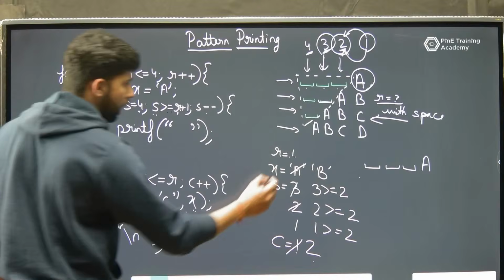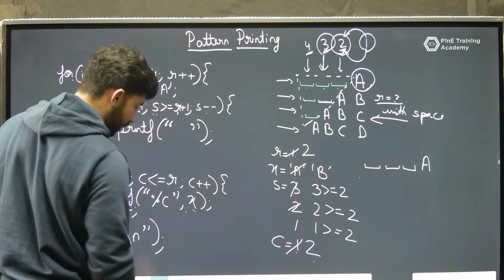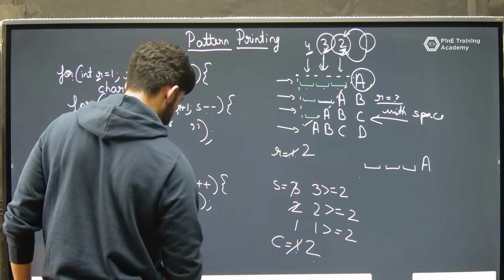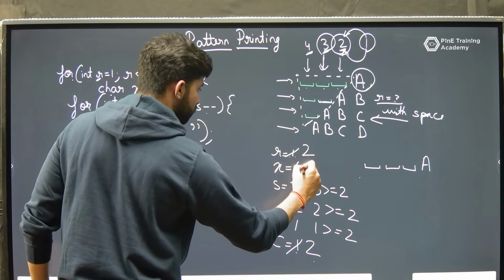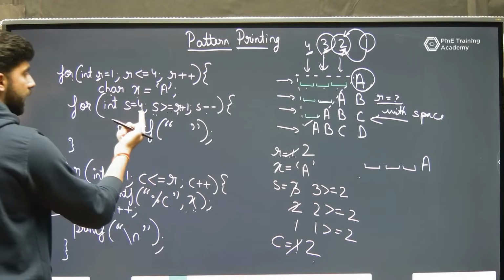Next loop for R. And as soon as we enter, we again declare X with A. That means this X will become A. Okay, and we will create S equals to 4 again.